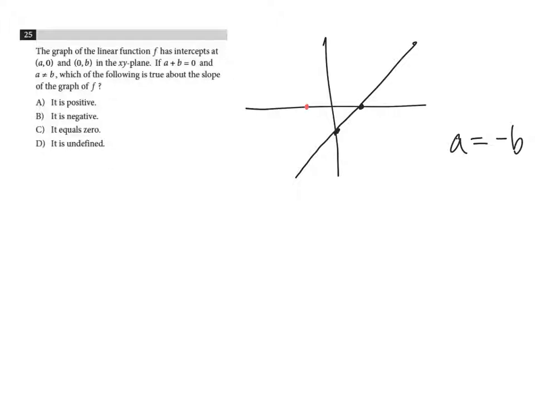Okay, let's look at the other one. If a was negative, then b must be positive. Then b must have a point up here, also a positive slope. So we can see that the solution is that the slope is going to be positive.